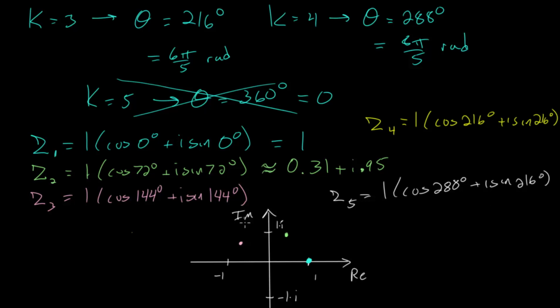The fourth solution would be at 6 pi over 5 radians, or 216 degrees, so that will be roughly about there. And our last solution is at 288 degrees. I will do that in this orange color. That will be roughly right about here.